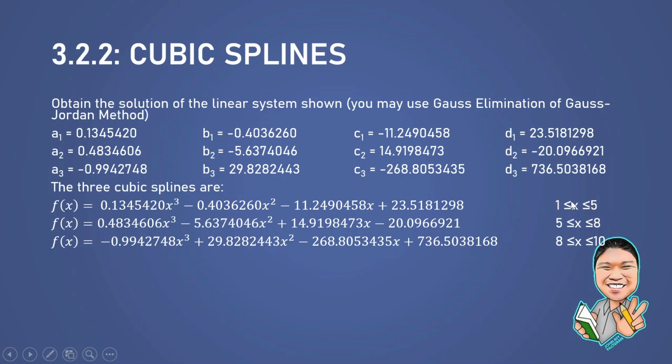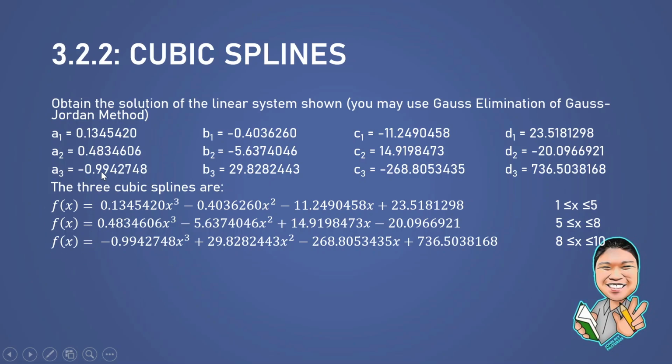So, this is applicable in the range from 1 to 5. The second spline is 0.4834606x cubed minus 5.6374046x squared plus 14.9198473x minus 20.0966921. Yung interval is 5 to 8.